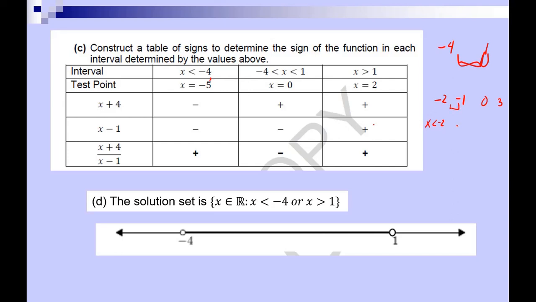So, we will have x greater than negative 2 but less than negative 1. And then, magbutang na po ka di ari og nasa tunga ani. We will have x is greater than negative 1 but less than 0. And then magbutang na po kag interval ani, we will have x greater than 0 but less than 3. And then the last one is x greater than 3.